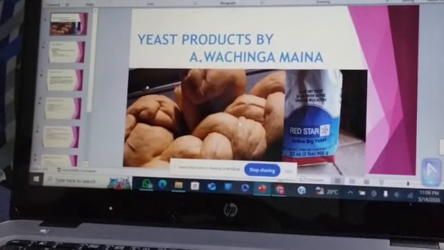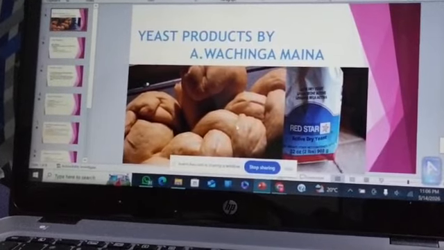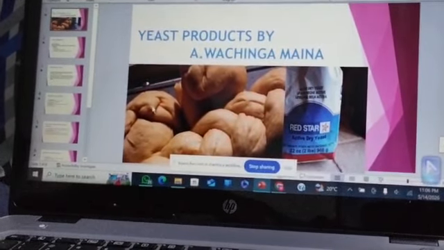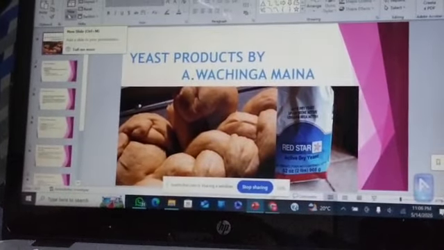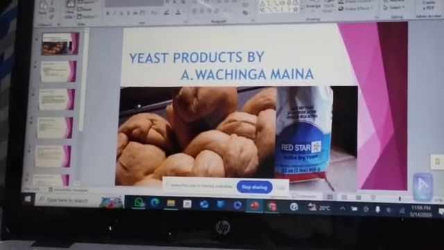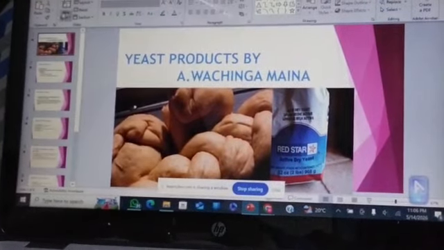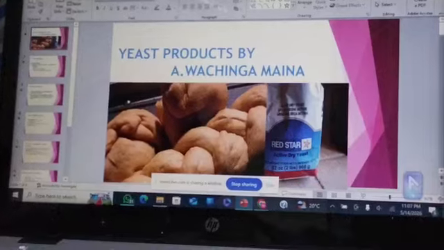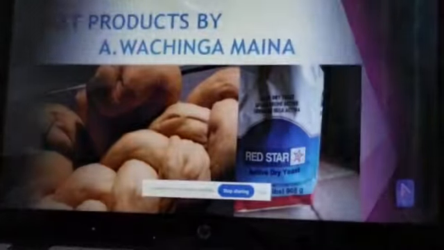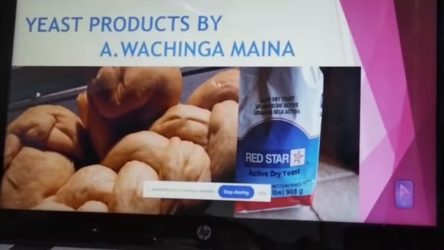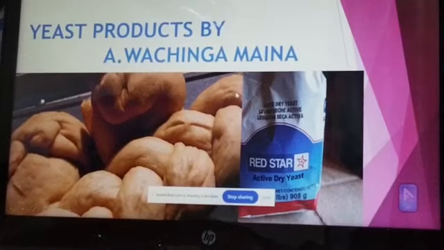Correct. So that is what we shall be looking at today. Before we go any further, let me share my slides. Sorry, let me share my slides very well. Slideshow from the beginning. Can you see? Yes. Yeast products.